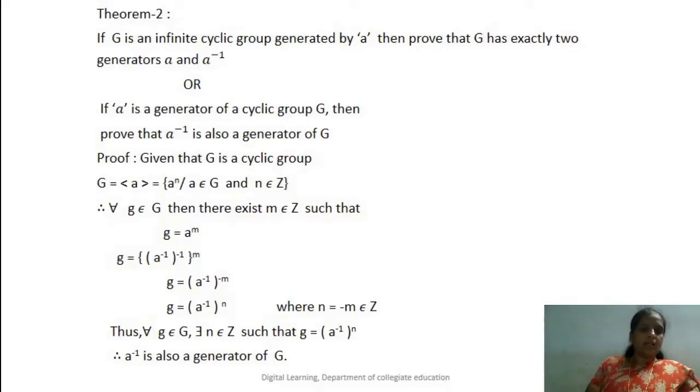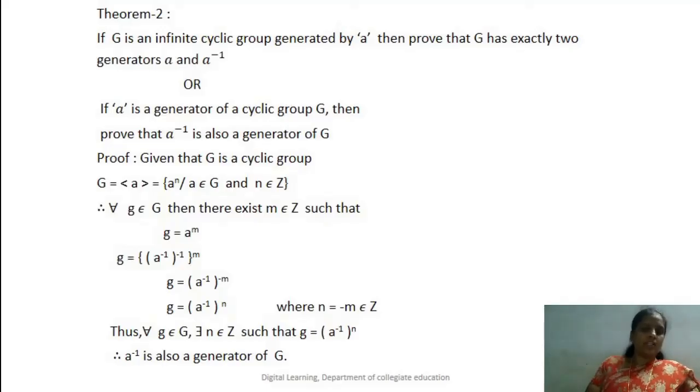So thus for all g belonging to G, there exists n belonging to Z such that g is equal to a inverse to the power n. We had taken g equal to a power m, and we proved it for g equal to a to the power minus 1 to the power n. Or we can say initially we take g equal to a to the power n, and we proved it for g equal to a inverse to the power n.